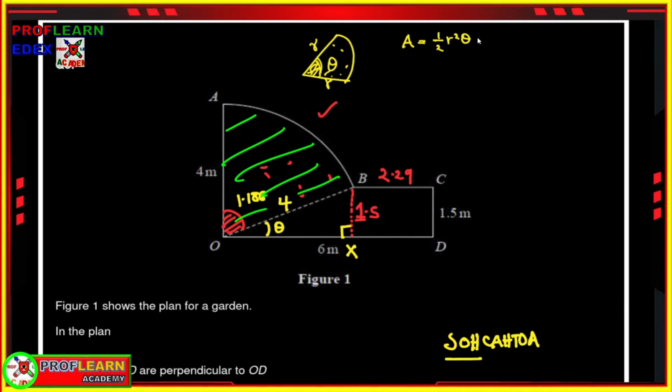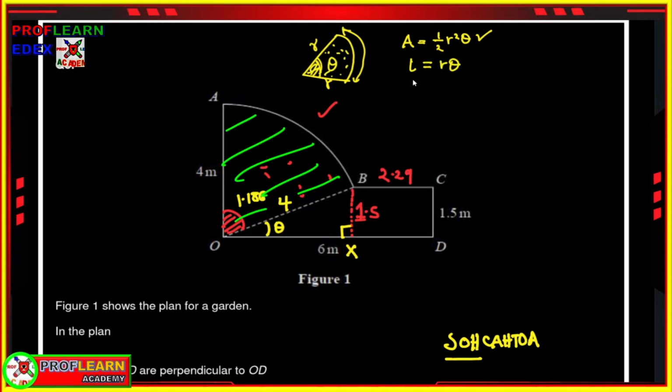The arc length of this diagram is going to be r theta.